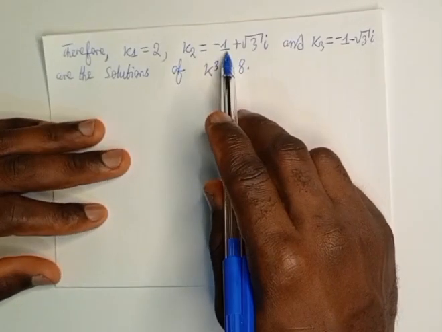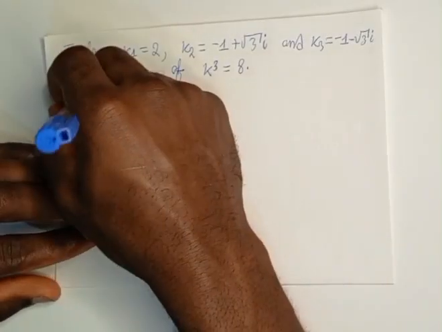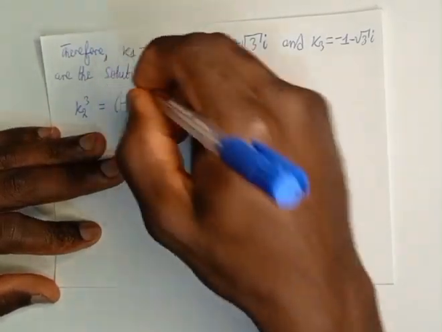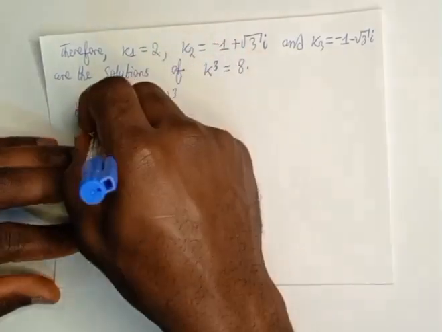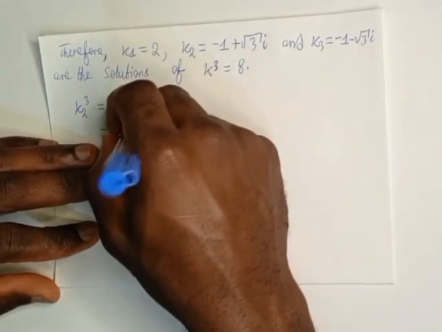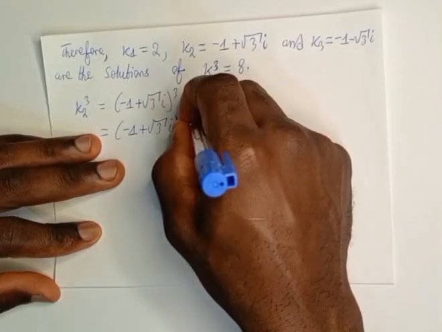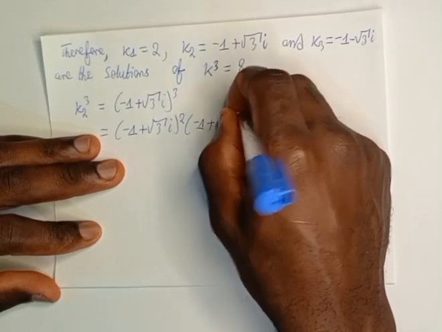We can take the value of k2 and verify. If you take k2 cube, it is simply equal to negative 1 plus root 3i all cubed, which is simply equal to negative 1 plus root 3i all squared times negative 1 plus root 3i.